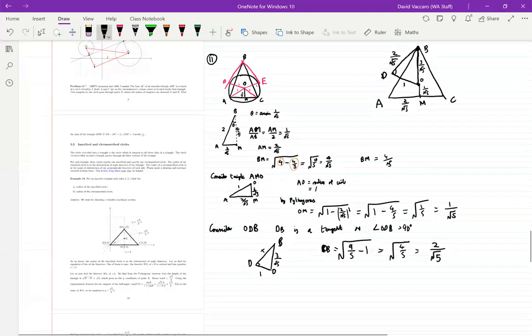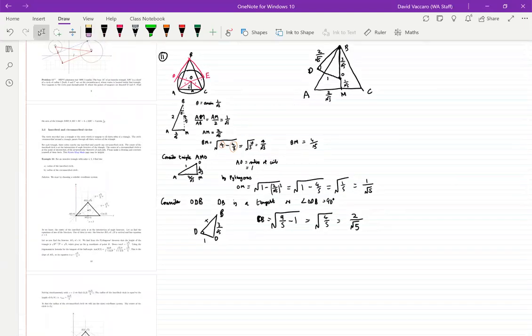Okay, now I've got this nice triangle, DBO, which I'm just going to redraw as a right angle triangle. So BDO: DO is 1, DB is 2 over root 5, and OB is 3 over root 5.